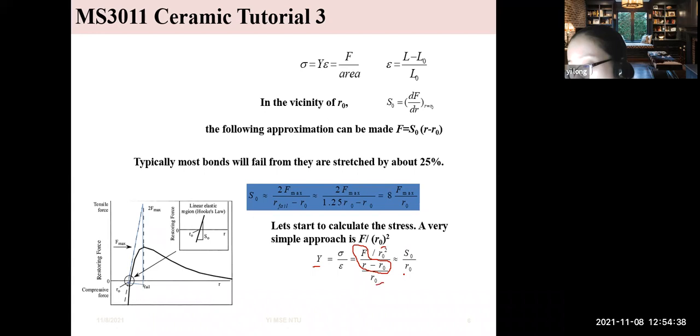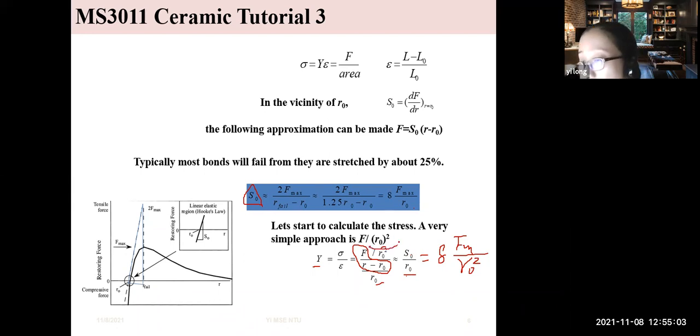In the end, you only have one more R naught. So far very good. Then I also have the S naught derived from the previous one, so in the end I can put 2 F maximum. Then I have one R naught here and another R naught here, so R naught squared is simply the area.